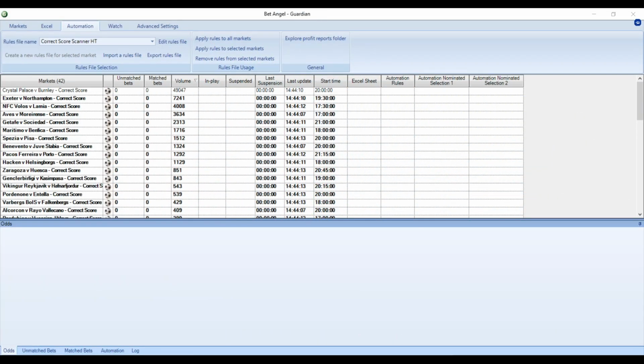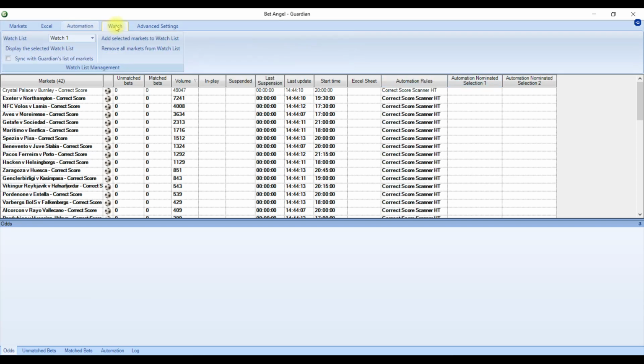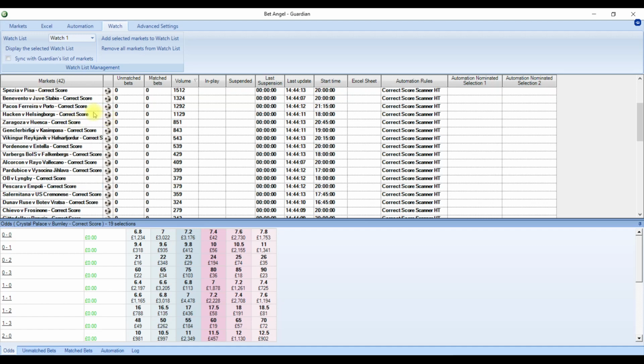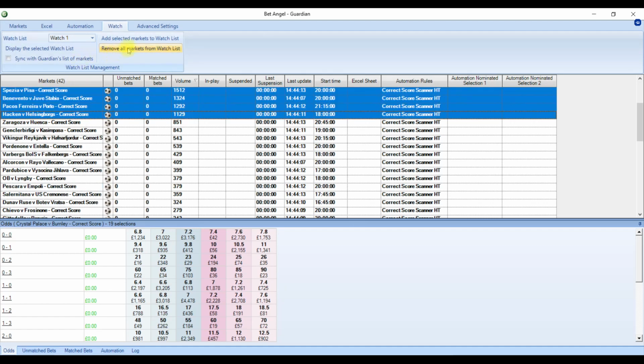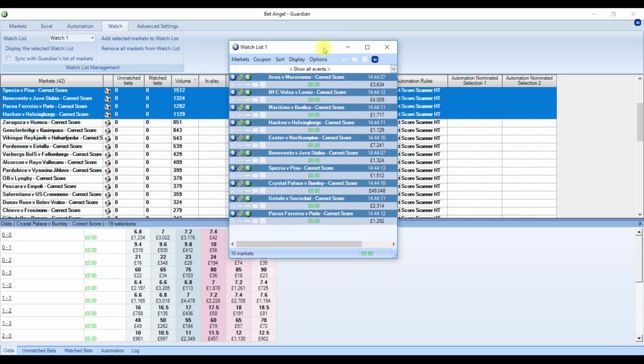The first thing we need to do is make sure that we have the watch list open and ready. We will apply this rule to all the markets, and then if we come over to the watch tab, we can either sync with list on markets, but say for instance you just wanted a handful of games, we could add the selected markets to the watch list and then display the selected watch list.